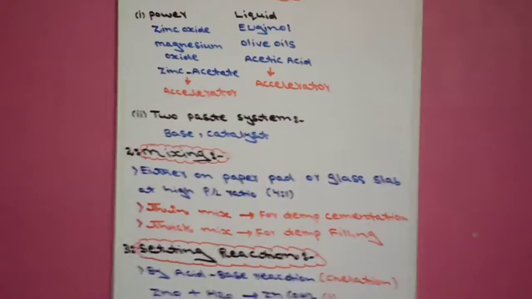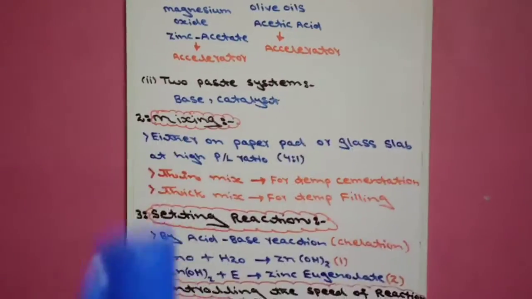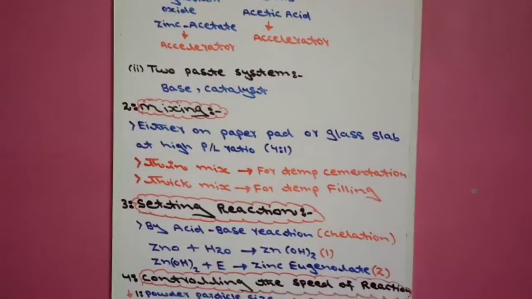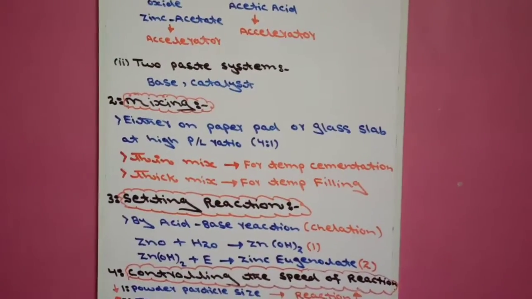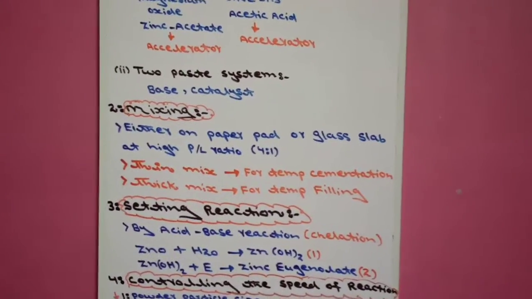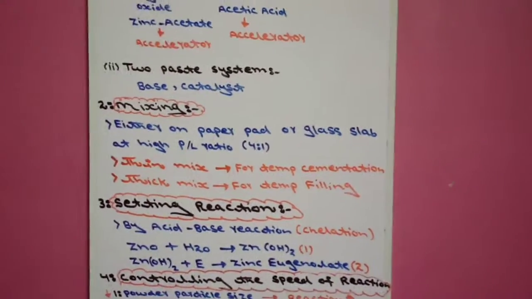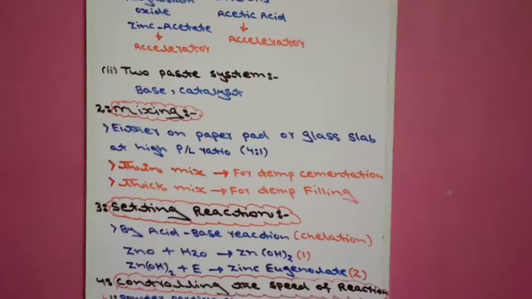If we mix the two-paste system, then we take equal lengths of both pastes, base and catalyst, on a paper pad or glass slab. Then we mix these two pastes with each other. Now this is the mixing.